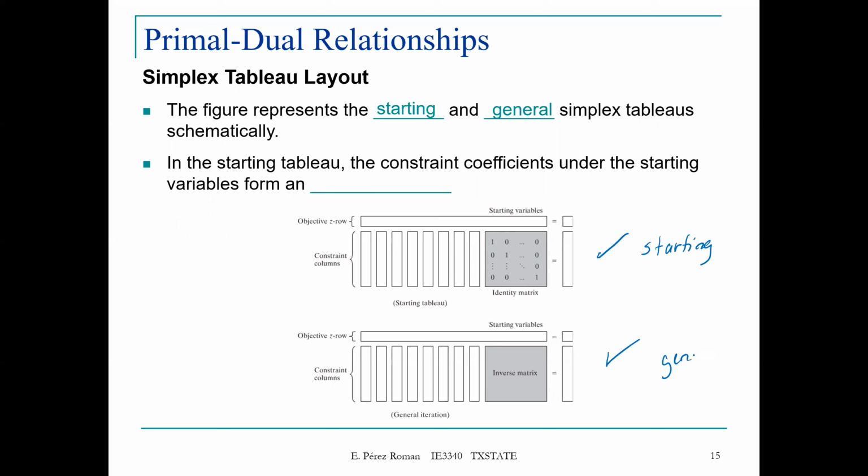General means that after some iterations. In the starting tableau, the constraint coefficients under the starting variables form an identity matrix, right? We remember that from our discussion of the simplex method. Our initial solution and the basic variables always, if you put together those columns, are going to form the identity matrix.